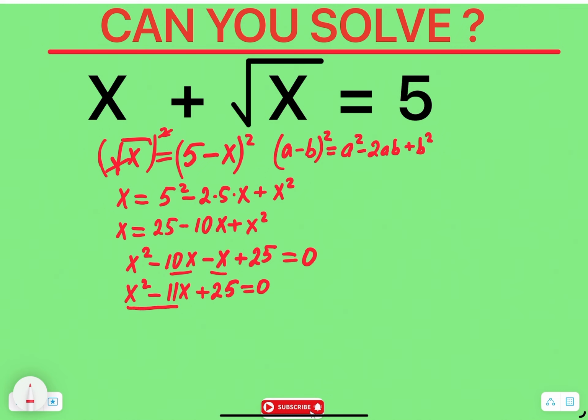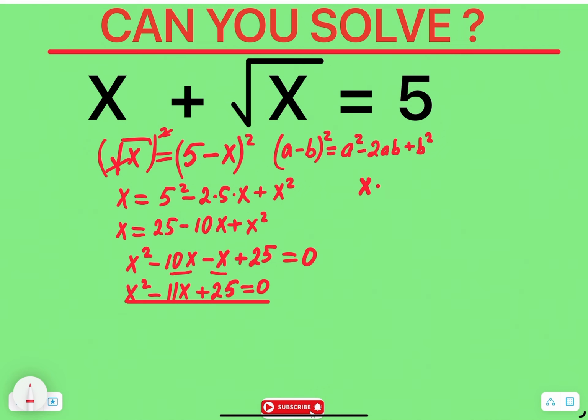Now we have a beautiful quadratic equation. We have to solve it. We have this formula of the discriminant. That's how we solve the quadratic equation.